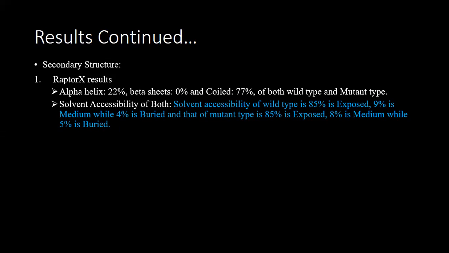There are some exposed regions of this gene outside, and this means the formation of this gene inside the cellular function: 85% exposed, 9% medium, and 4% buried. While the mutant type protein is 85% exposed, 8% medium, while 5% is buried.